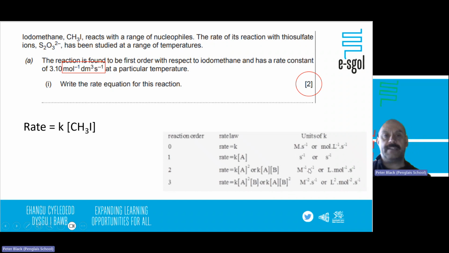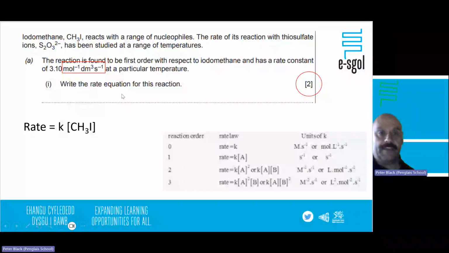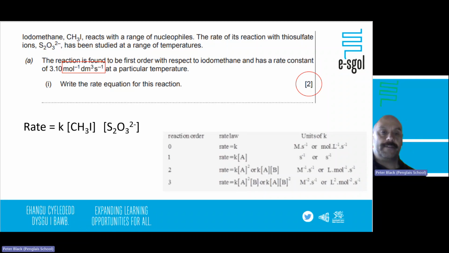So this unit here, mol to the minus 1, dm to the 3, s to the minus 1, is actually a second order reaction. The iodomethane is coming out as first order, and we see from the units of the rate constant that the total order is actually second order. There's only one other reagent, which means we have to have the thiosulfate in there. So that's a really, really good question. I like it when I get caught out. So, rate equations there.